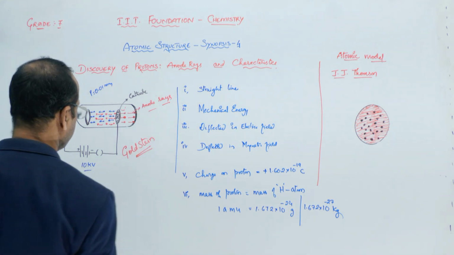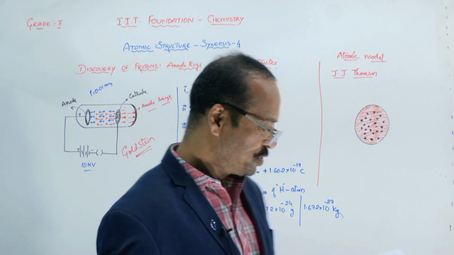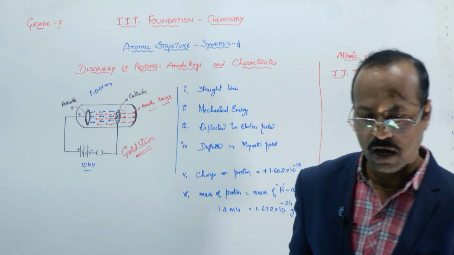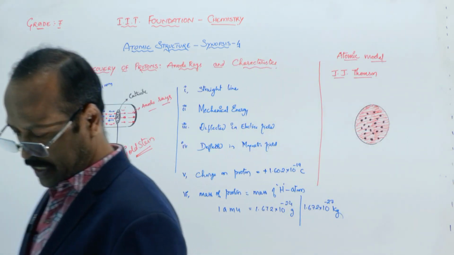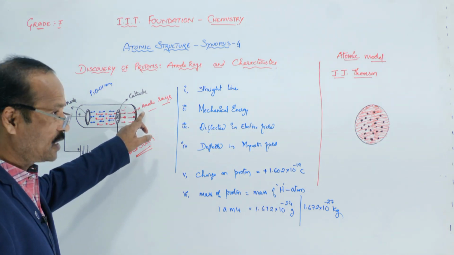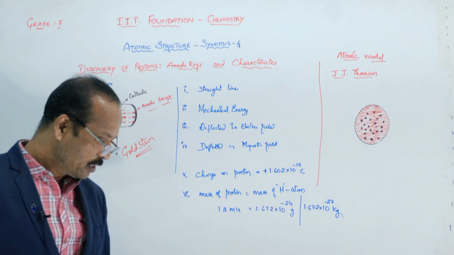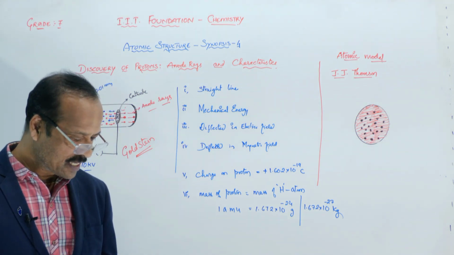He was the scientist Goldstein, who discovered the protons. Option 1. Anode rays are negative, positive, neutral, or all of these? Anode rays are positively charged. So the answer is 2.